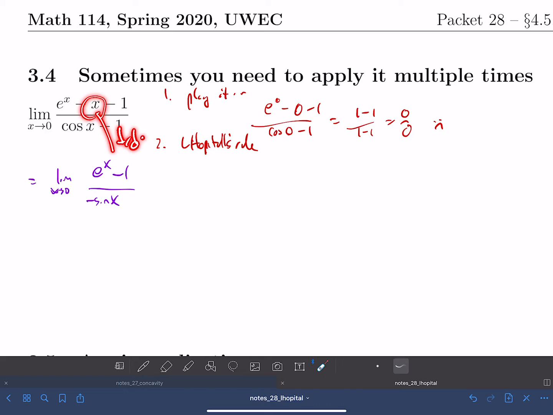It's the derivative. And now I'm going to try to plug it in. And I'm going to have e to the 0 minus 1 over minus 0. Oh, fine. But that's no problem because I still have indeterminate form.